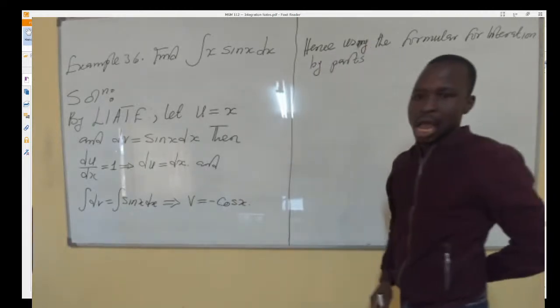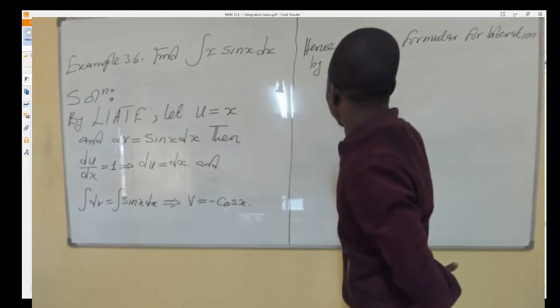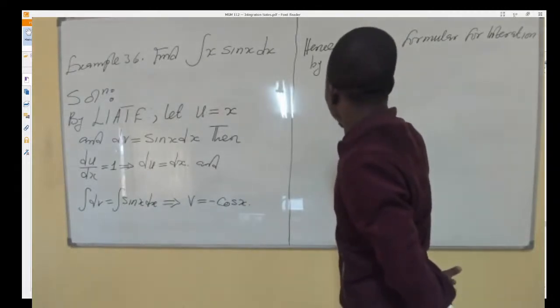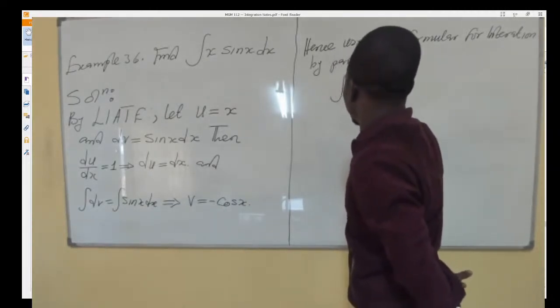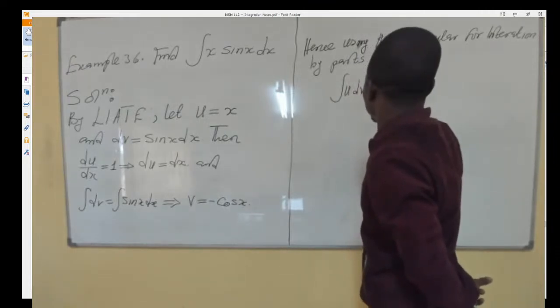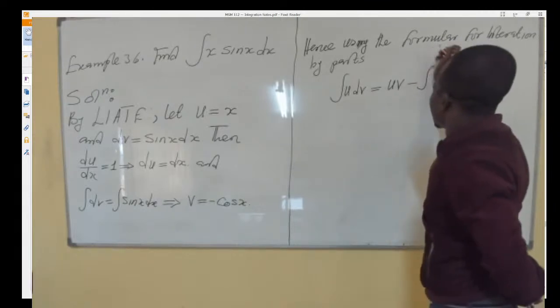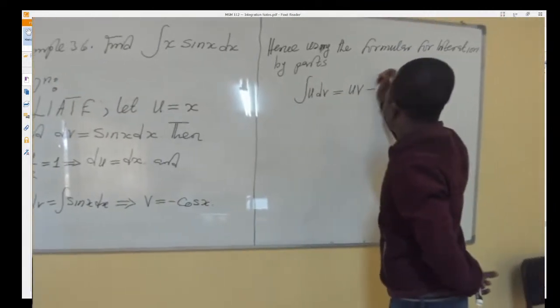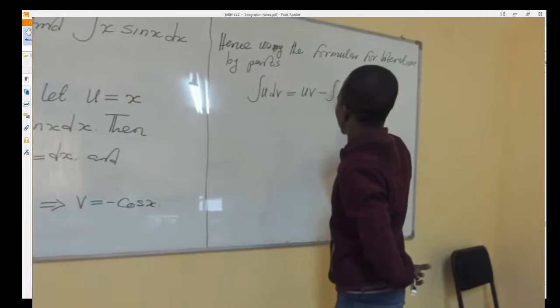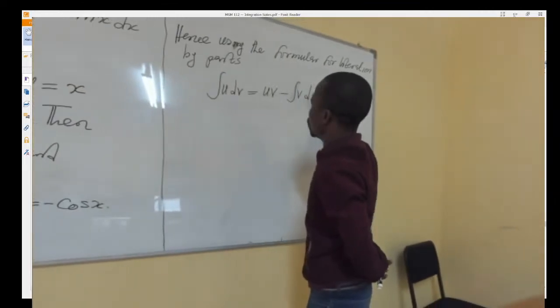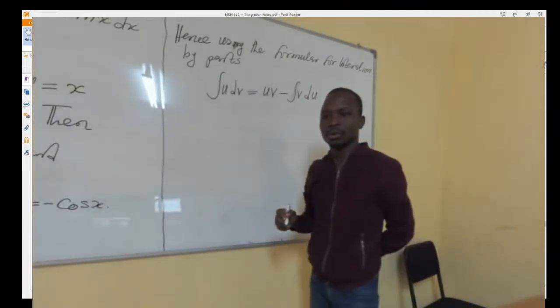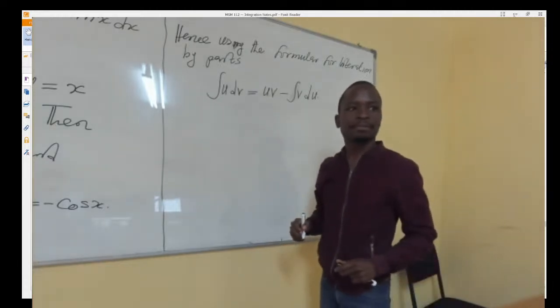What is the formula? The integral of u dv is equal to u v minus the integral of v du. Okay, so this is what we have.